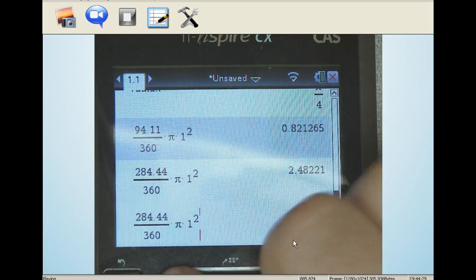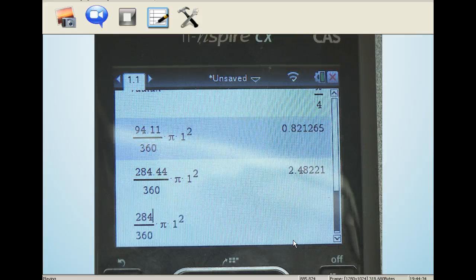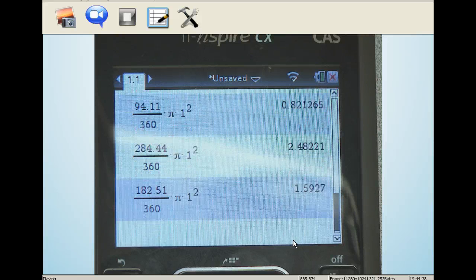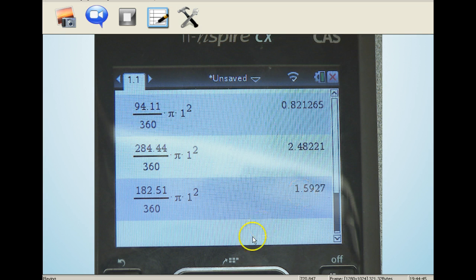Change the angle measure, 182.51, and we get 1.5927, which is 1.59. Okay, so now let's think about this. What I really am doing is I can put any value I want right up in here, as long as this represents the angle measure, and then I just put in whatever my radius of my circle is, right?